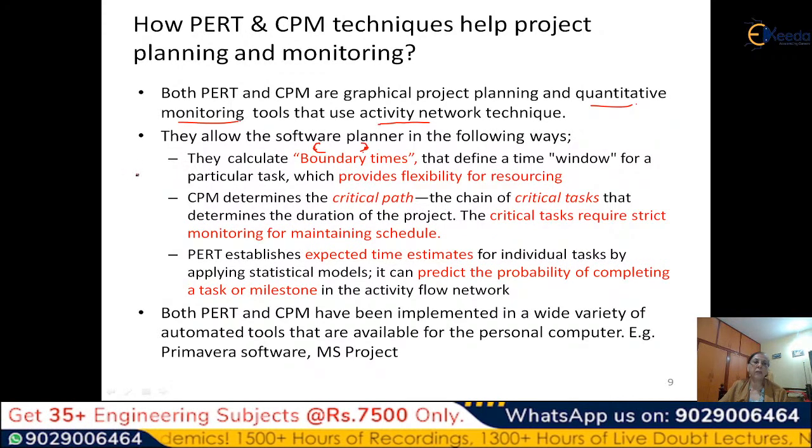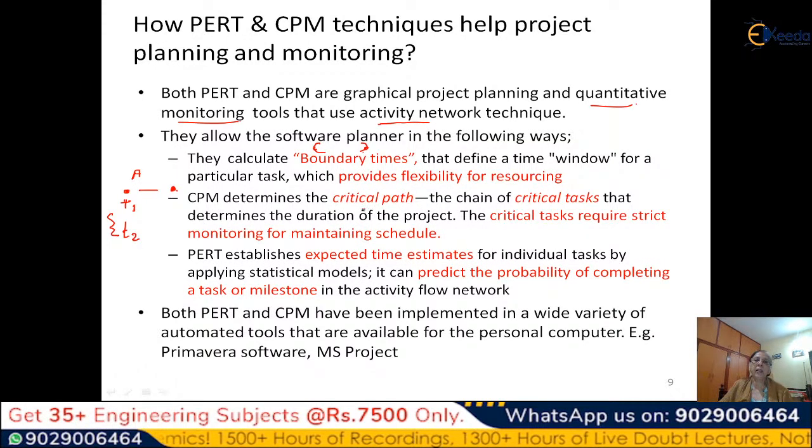That means if you have an activity A, you can start at a particular time, say T1, or at T2, and end at a particular time. So this will give you flexibility. Because you have limited resources, depending on the availability of resources, you can juggle between these activities. So this boundary time, a window, is very important.